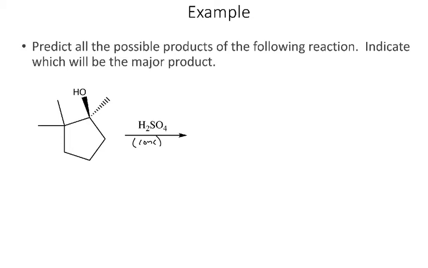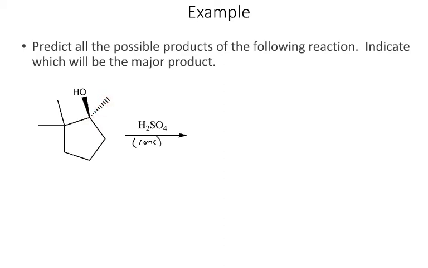So in this case, we'd want to use concentrated H2SO4. Now I have a tertiary substrate, so this is going to proceed via an E1 mechanism. I can't form a double bond here because I've got no hydrogens to eliminate. So my possible products are going to be forming the double bond here or forming the double bond here.